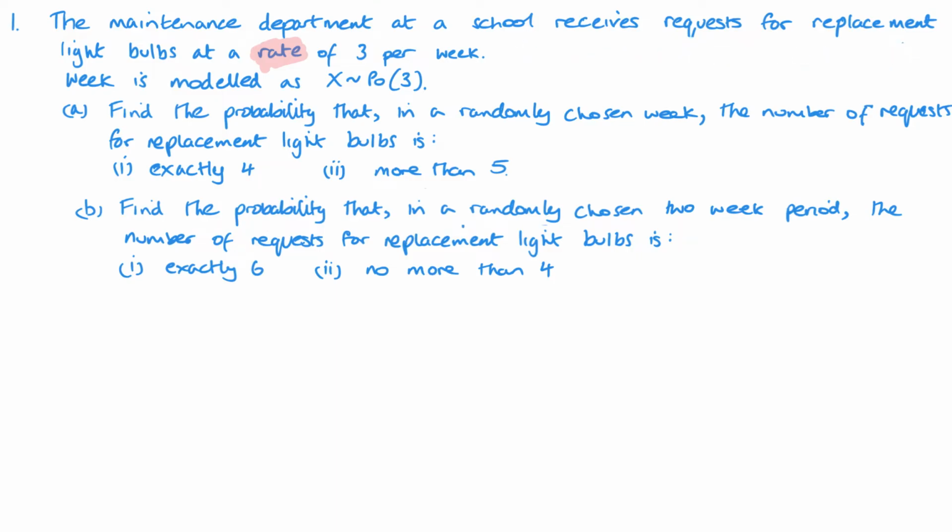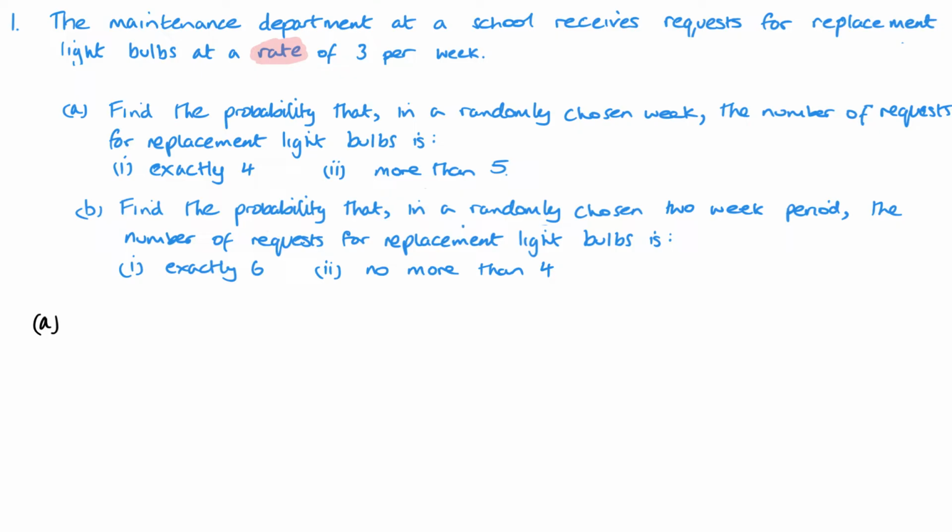It would still be something you should be able to solve without that sentence, because you've got this word rate, and spotting that rate means you're going to be looking at a Poisson distribution. Certainly in S2, because it's only binomial, Poisson and, of course, normal from S1, which does show up in S2 as well.